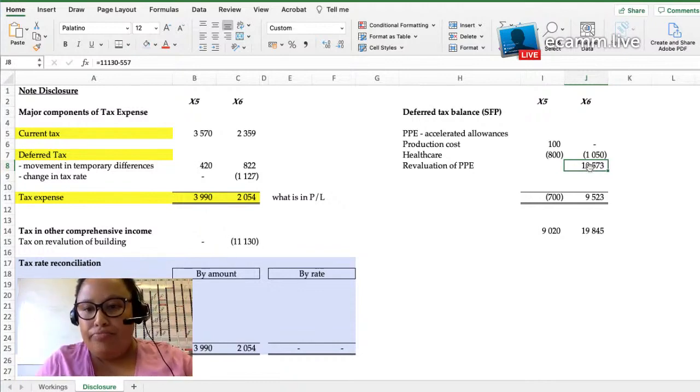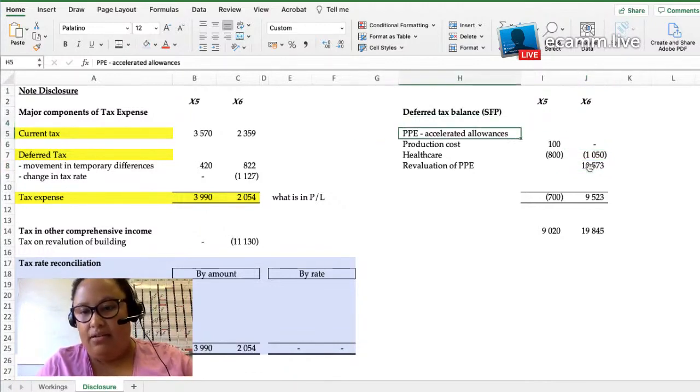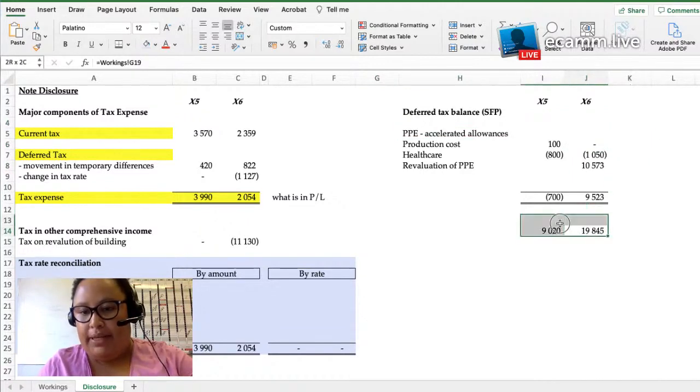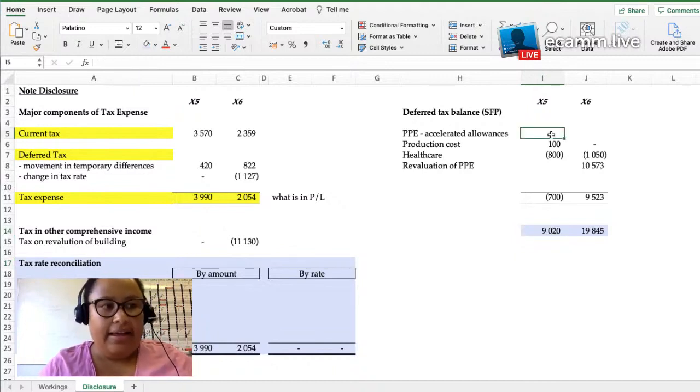Okay. Now, the difference then, to get from this is what it should be, because those are the numbers we previously calculated as what the liability is currently sitting at, right? The balancing figure is basically going to show up over here in the PPE accelerated allowances, because that's the only thing that is different.